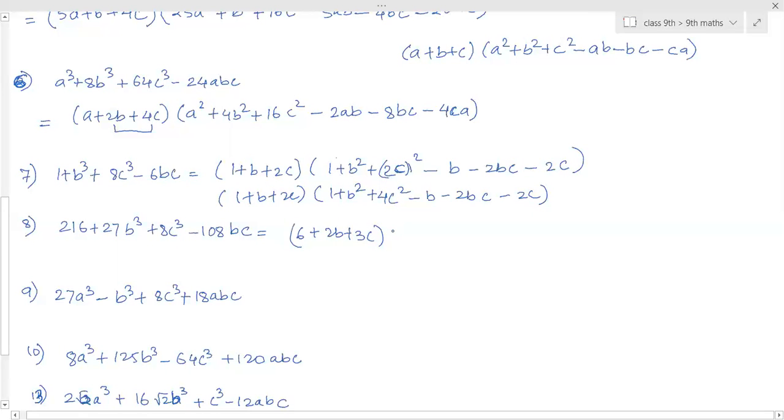No, ma'am, 6 plus 3b plus 2c. Another bracket, 36 plus 9b square plus 4c square minus 18b minus 6bc minus 12c, bracket close, ma'am.